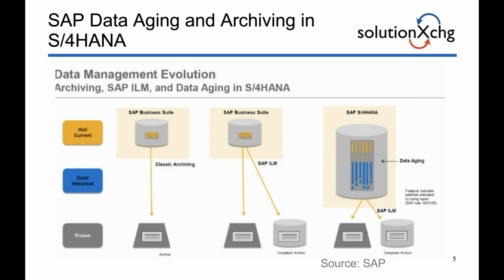You're buying more time with it being in what SAP calls a cold historical state, that is on slower storage than the HANA database, but still accessible in the system relatively fast. When you're deciding you really want to consider this as frozen data, then you can move it to the archive or to SAP ILM.